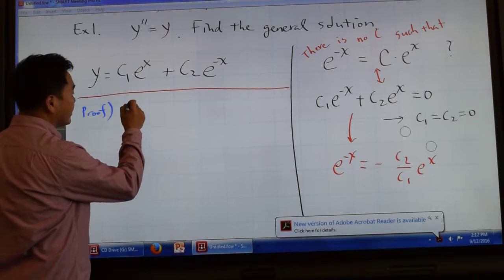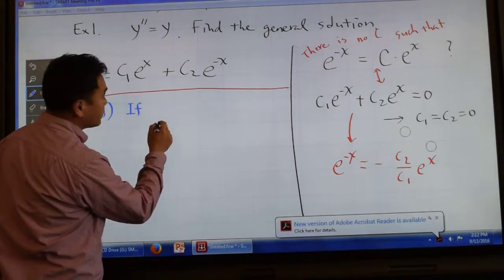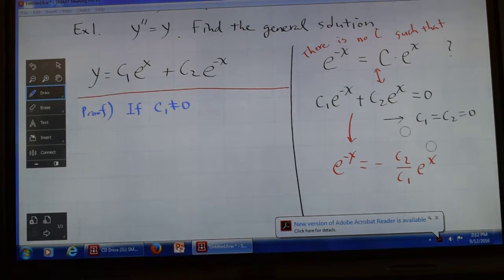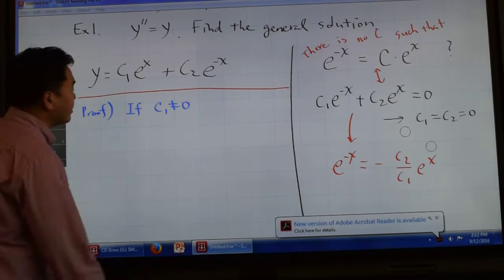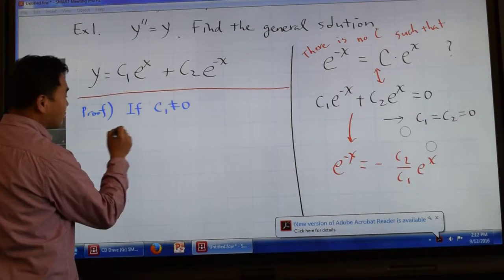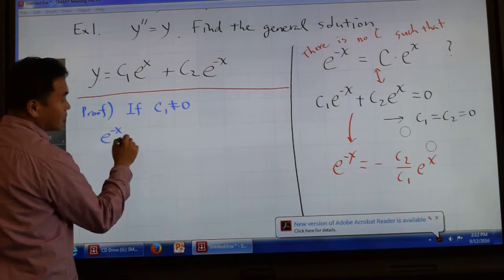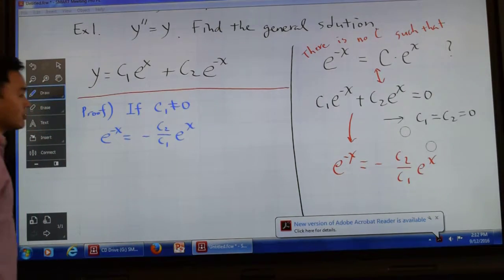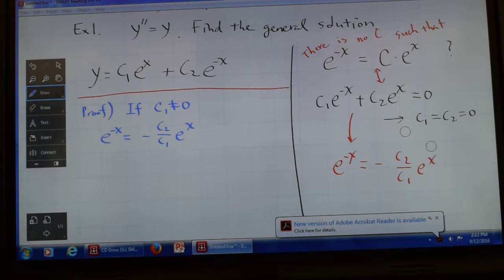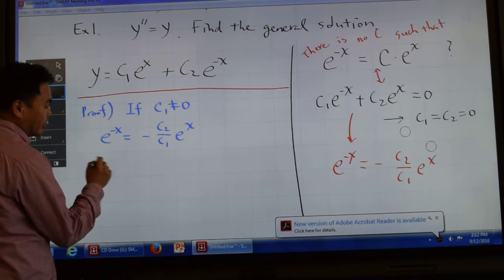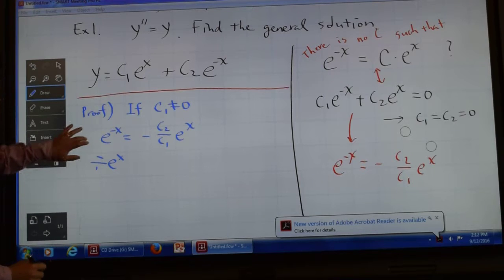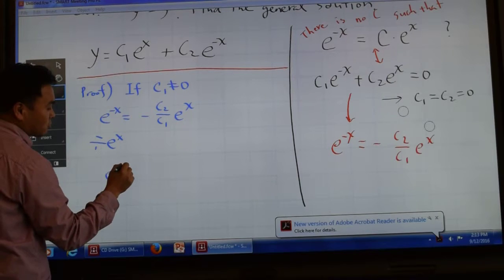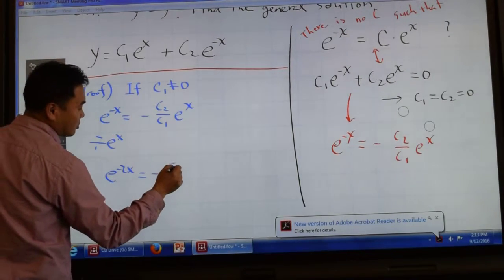If C1 is not equal to 0, then I can repeat this, and you can solve for e to the negative x, and you get negative C2 over C1 e to the x like this. And not only that, I can divide both sides by e to the x. In that case, this is gone, but this will be e to the negative 2x equals negative C2 over C1.